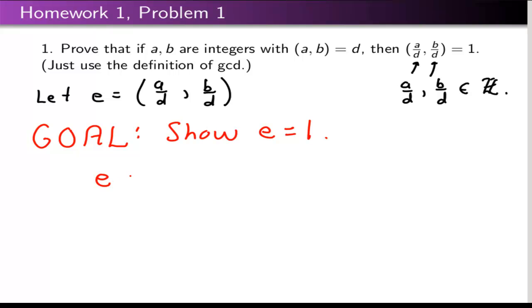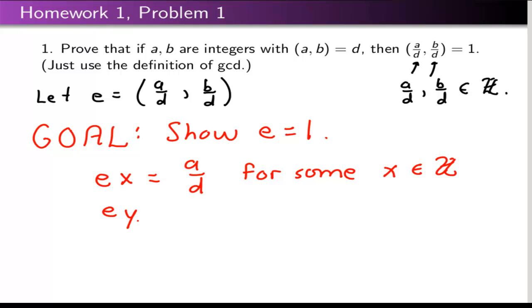So E times x equals a over d for some integer x, and E times y equals b over d for some integer y. So I'm just unraveling definitions. I introduced E, and I've introduced what it means to be a common divisor of two numbers.